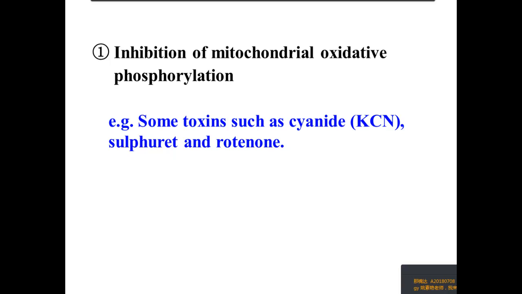Potassium cyanide can lead to the patient's death because histotoxic hypoxia happens. The cells can't utilize oxygen, so ATP production decreases. If there is no ATP, cardiac contractility may decrease, so the patient may die quickly.